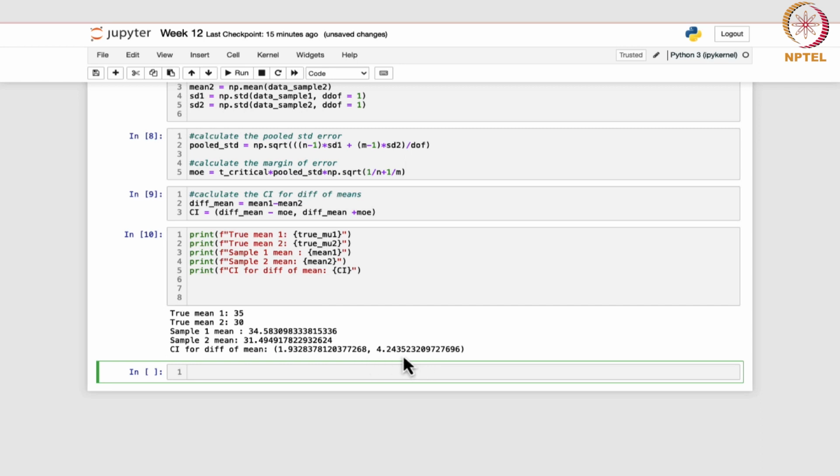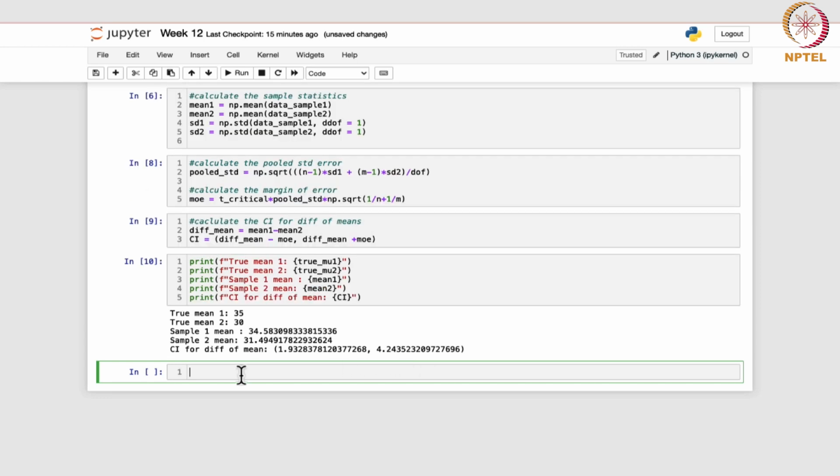So this is for mu1 minus mu2, the difference of the population means, so we are 95% confident that it is going to lie in this interval. So this code basically conducts a two sample pooled t test to estimate and create a confidence interval for the difference between two population means.